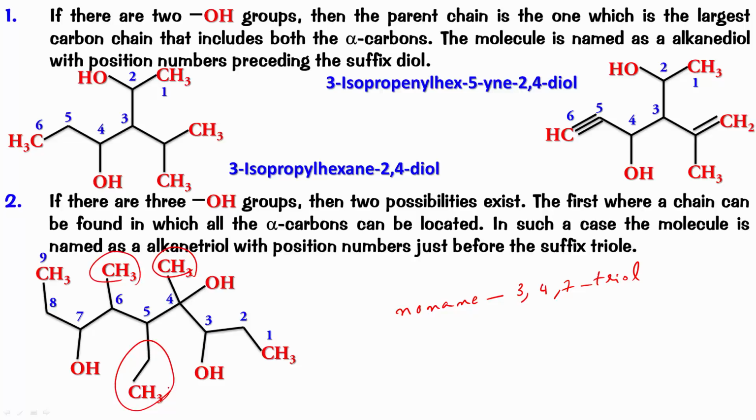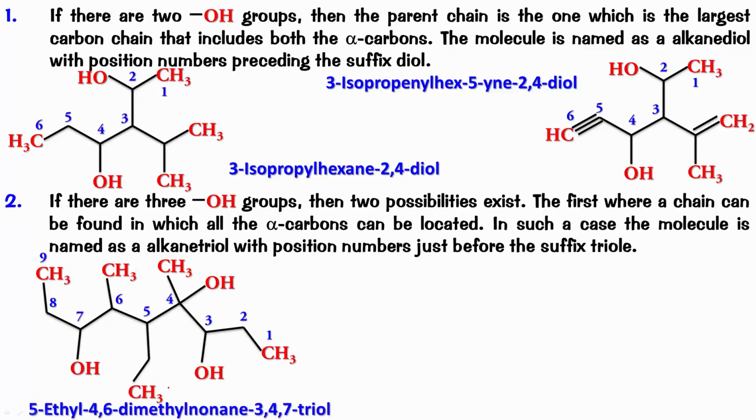And obviously ethyl will come first. It is 5-ethyl, 4,6 dimethyl, and the parent. So this is the name: 5-ethyl, 4,6 dimethyl, nonane, 3,4,7 triol. Okay, so this is the situation when all the OH groups, all the alpha carbons happen to be in one single chain.